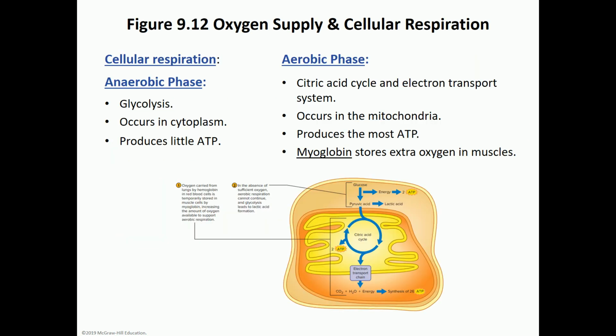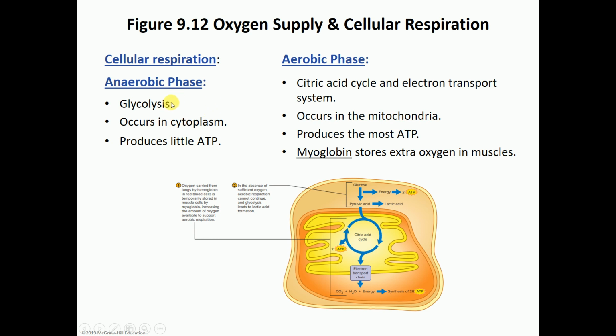So, going back here, in a trained individual, their muscles have enough mitochondria that they would go through the anaerobic phase and then the aerobic phase. In an untrained muscle, like myself, I would go through the anaerobic phase, but because my muscles do not have enough mitochondria, because again, either I didn't warm up, or I am definitely not physically active or prepared for that amount of activity, the number of mitochondria in my muscle cells wasn't enough to keep up with the demand of that whole 1 hour of exercise.